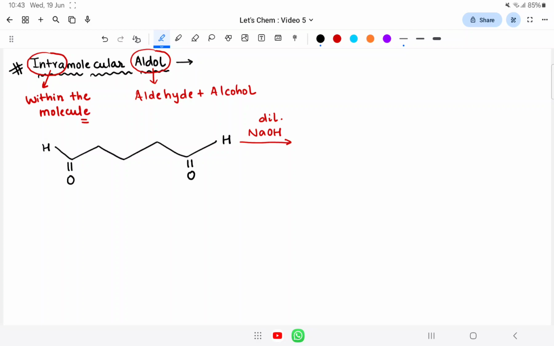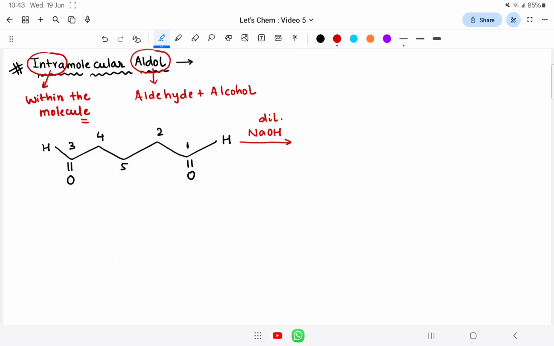Here we'll start with the carbon, we'll call it carbon number 1. This I will call carbon number 2. This will be called carbon number 3, and this will be called carbon number 4 as well as carbon number 5.